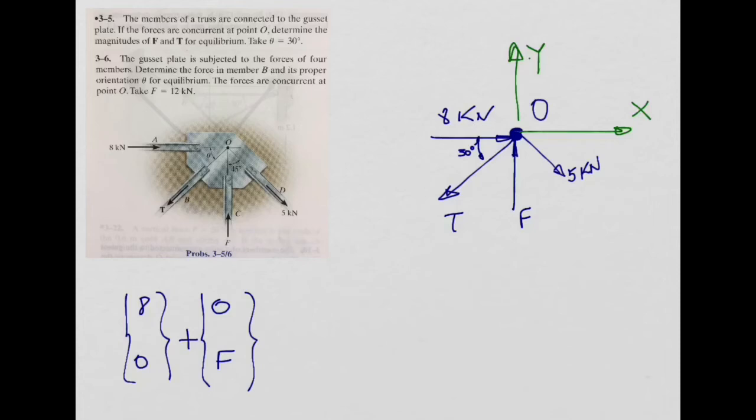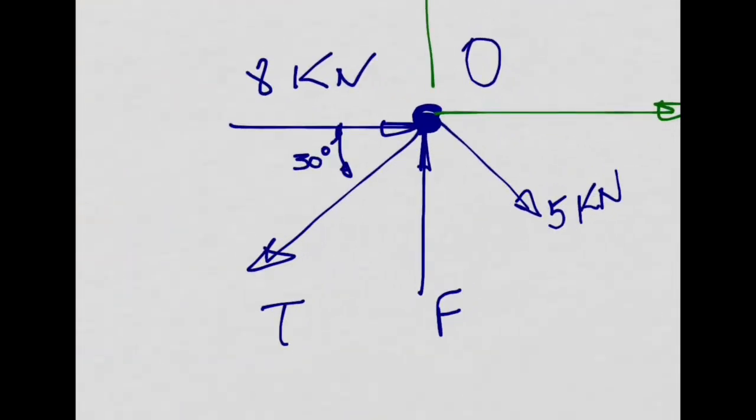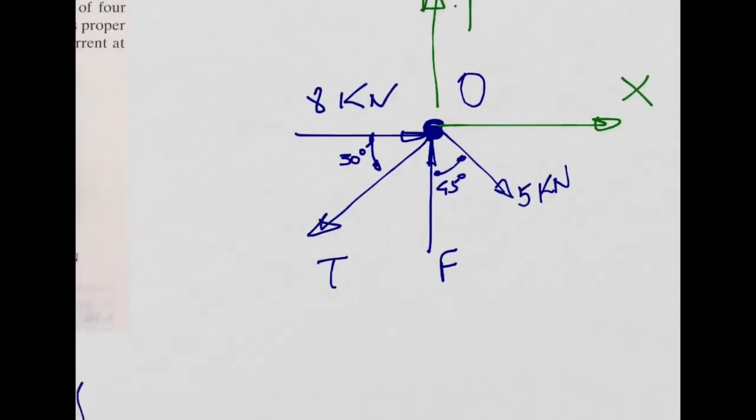Next vector I'm going to consider in the analysis is this 5 kilonewton here. I'm going to work this 5 kilonewton vector now. All right? So I'm going to decompose this 5 kilonewton vector in x and y direction. Let's start with the x direction. How do I decompose this? So I forgot to include here this angle is 45 degrees, right? This is 45 degrees.